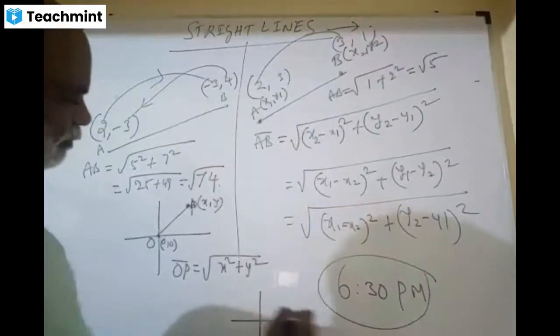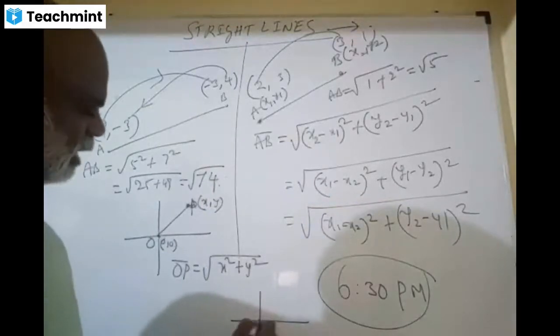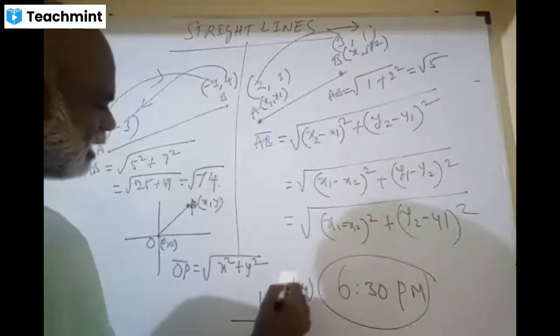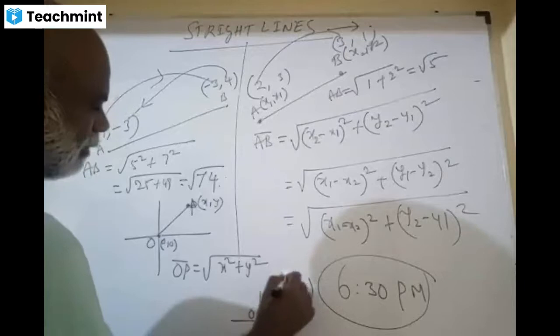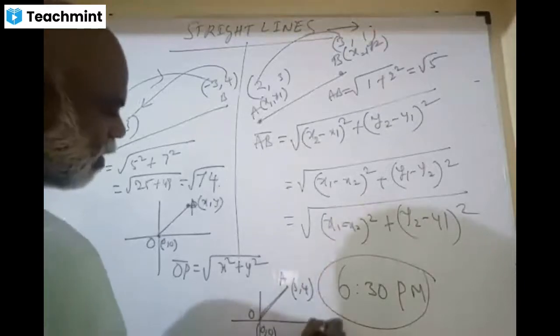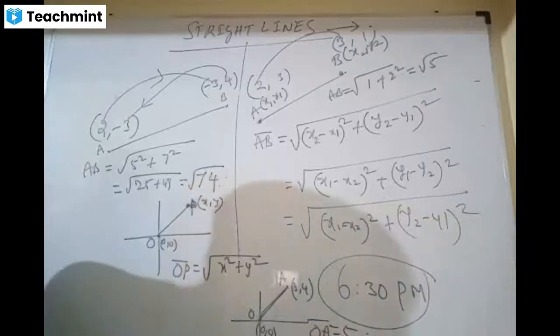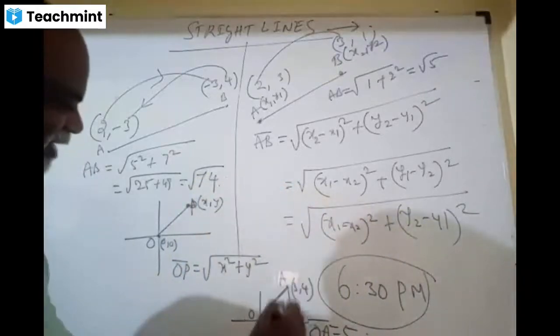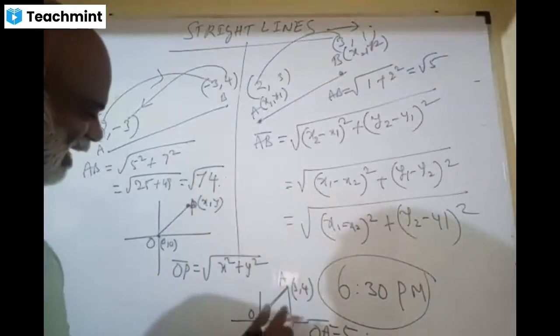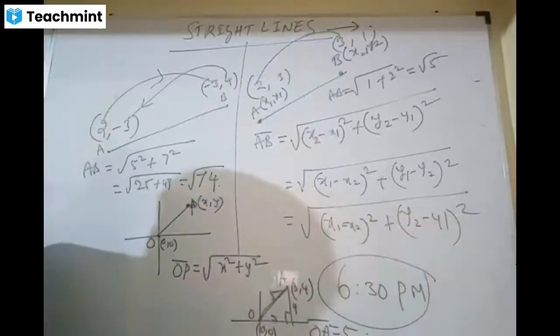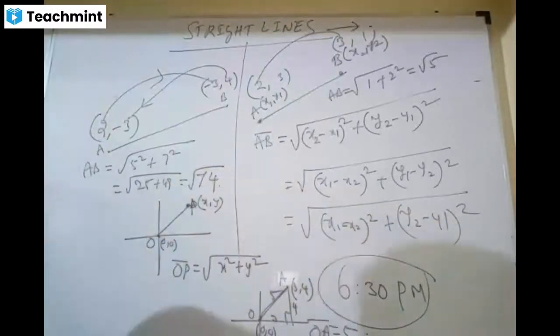Can you tell? This is (0, 0). This is called (3, 4). What is the distance OA, please? Anybody? OA. That's it. This length is 3, this length is 4, and this length is 5. 3, 4, 5 is a Pythagorean triplet.